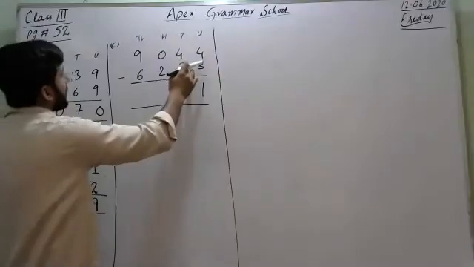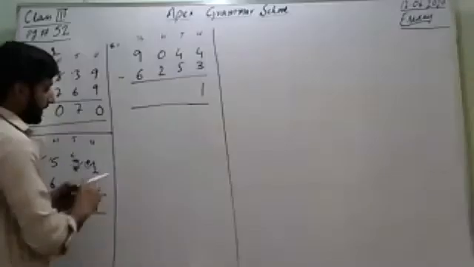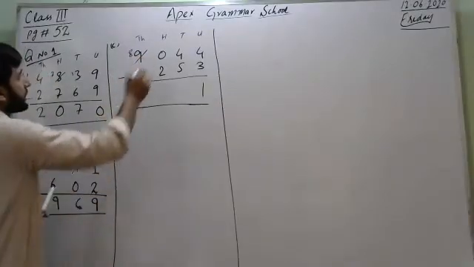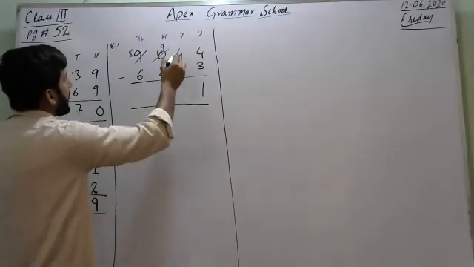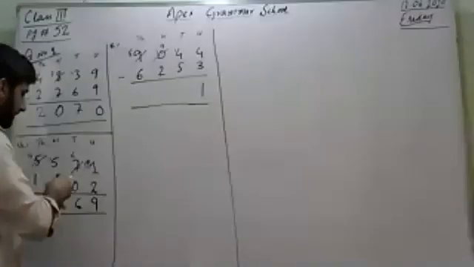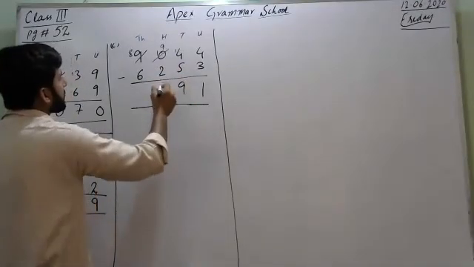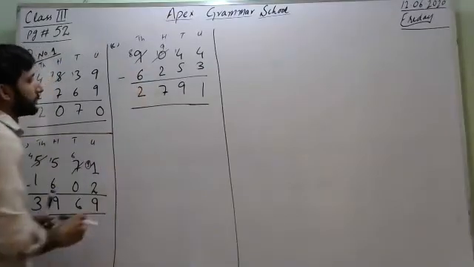Now 4 is smaller and 5 is greater. Before 4, this is 0. We can't take carry, so we will take carry from the 9. This 9 becomes 8 and this 0 becomes 10. Now we will take carry from this 10. This is 9 and 4 becomes 14. 14 minus 5, 9. 9 minus 2, 7. 8 minus 6, 2.